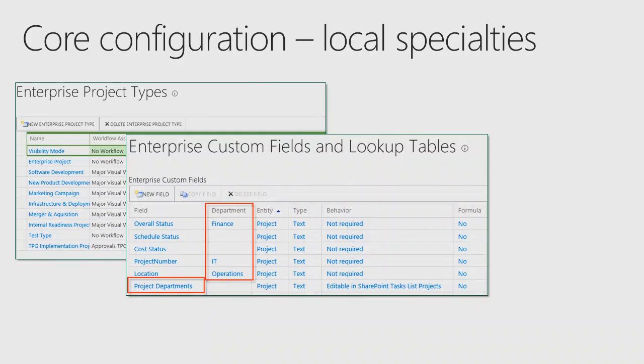It really helps you to cut down the amount of data the user sees. If you think about a global implementation, there can be dozens and hundreds of enterprise custom fields that you need to capture all the information, but you just slice it and you really just limit the information for a specific department, for a business area, whatever it takes, and only they would see this information captured in these enterprise fields.